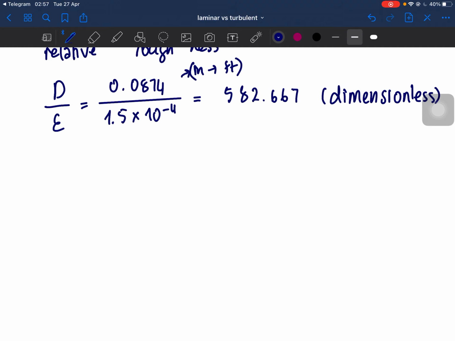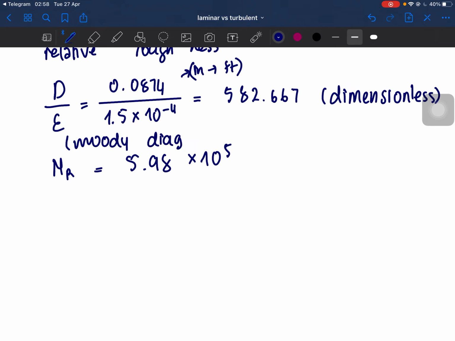Okay, so in the next video, I promise to show you the Moody diagram. It's 5.98. So NR is 5.98 times 10 to the power, okay, so this is in the Moody diagram.